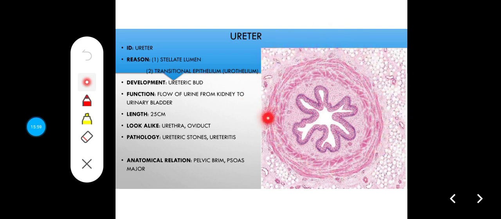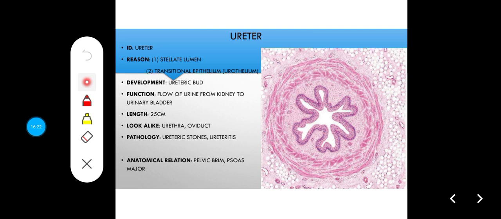So the similarities between the ureter and the esophagus is that they both contain a kind of stellate lumen, though that of the esophagus is not really exactly stellate. The stellate lumen here is a result of the longitudinal folds of the mucosa.